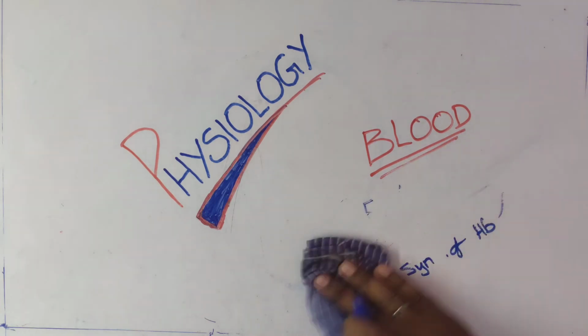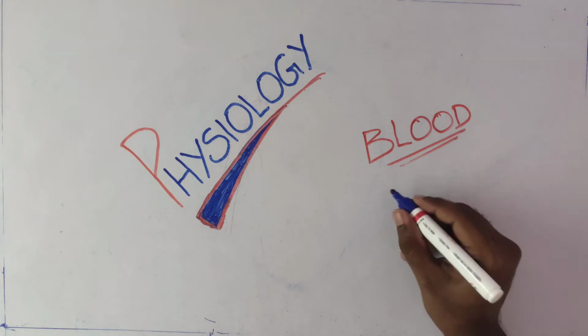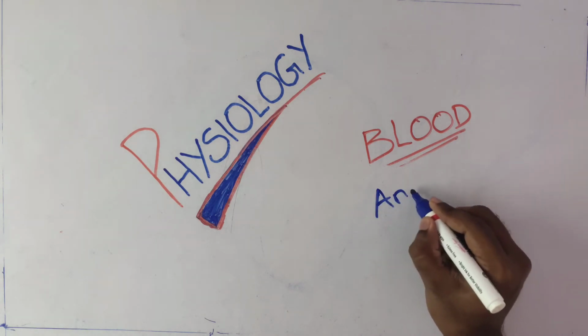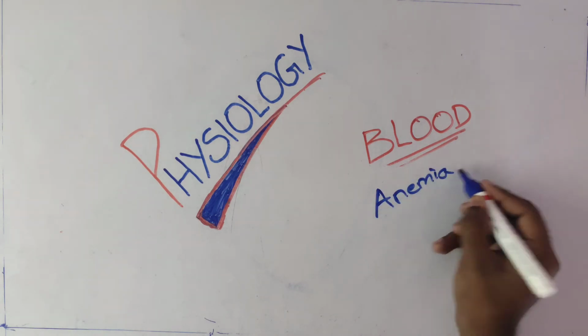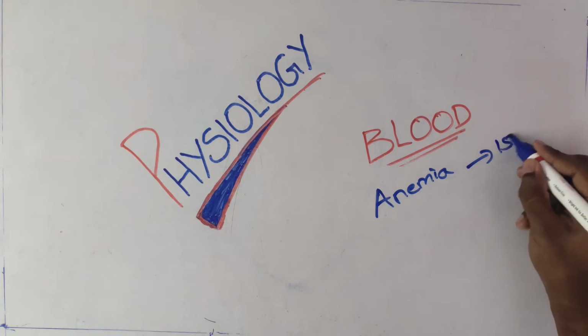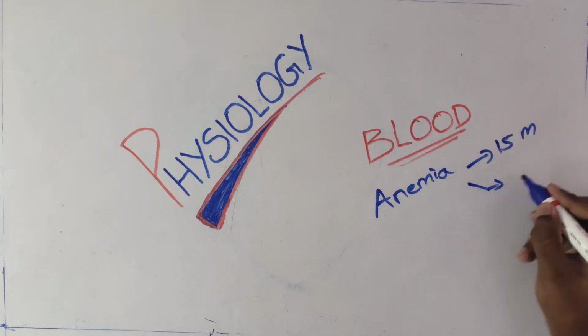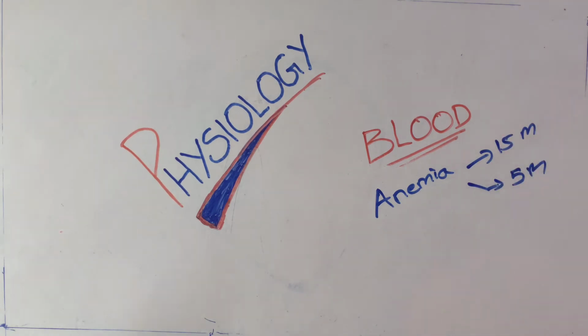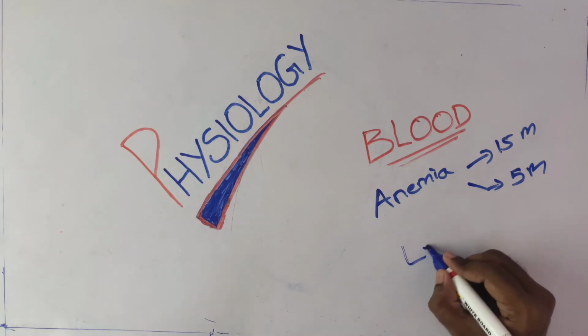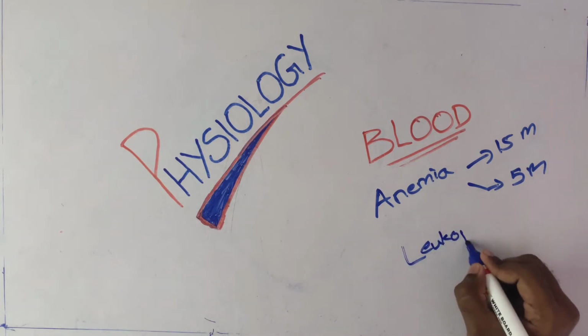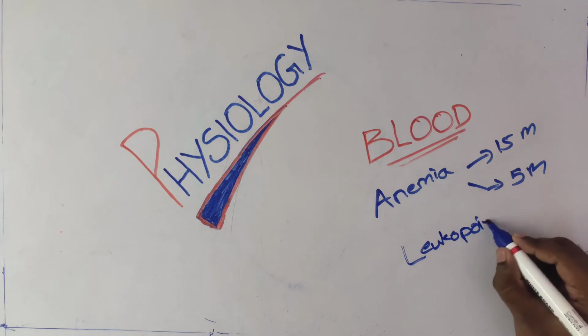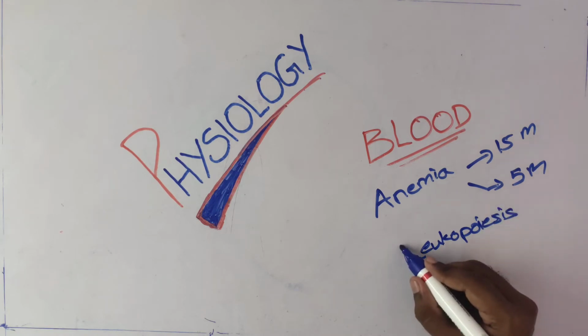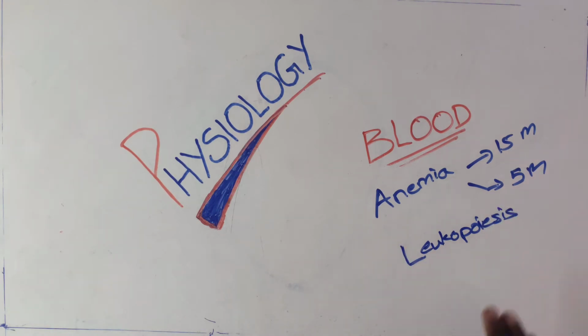Next, we will discuss anemia. We will discuss the entire anemia chapter because it is important for 15 marks as well as for 5 marks. Next chapter is leukemia, white blood cells, and leukopoiesis, that means the process of leukopoiesis.